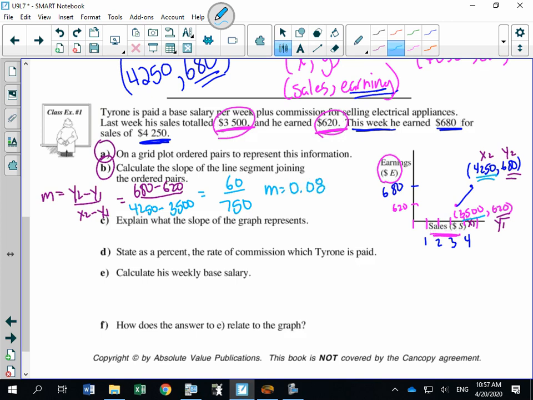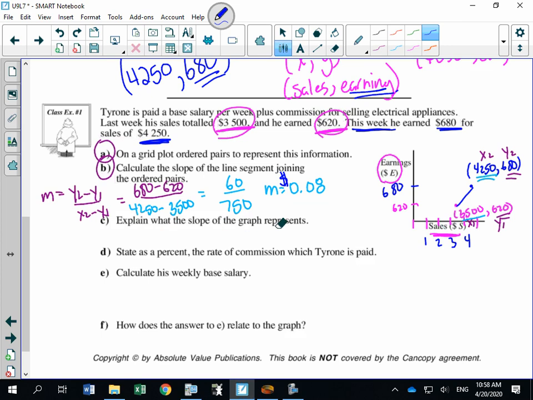0.08. That is money, right? So how much money is that? That would be 8 cents. And remember, it's always the y axis over the x axis. So y is how much he earns. So 8 cents he earns for every $1 sold.